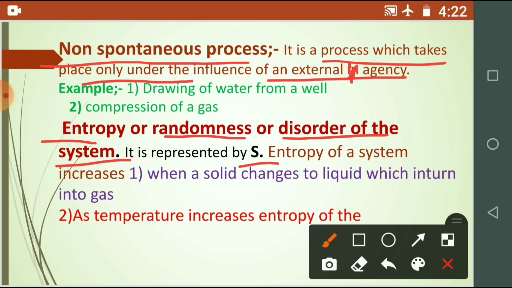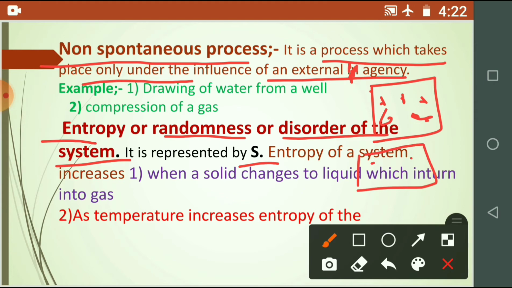So what is entropy? If we observe a solid, the particles are closely held, whereas in a liquid, the same particles move constantly. However, in a gas, they move randomly. That's why we say there is an ordered situation in a solid, less order in a liquid, and no order in a gas.